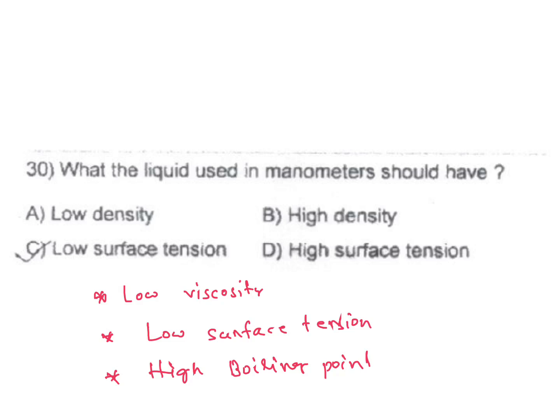So options are low density, high density, low surface tension, high surface tension. C is the answer.